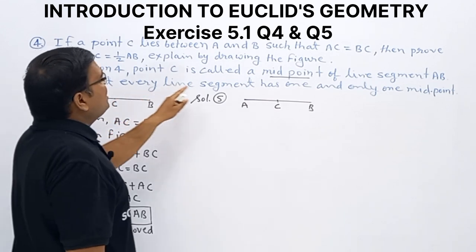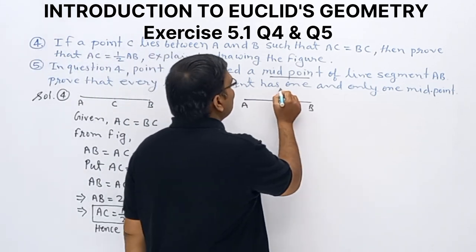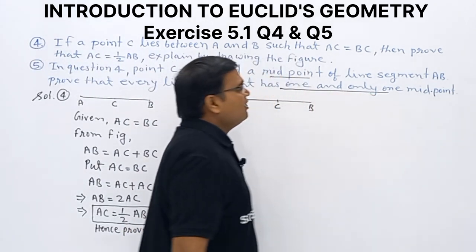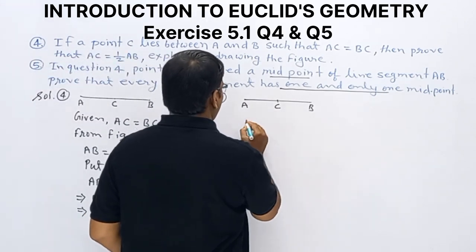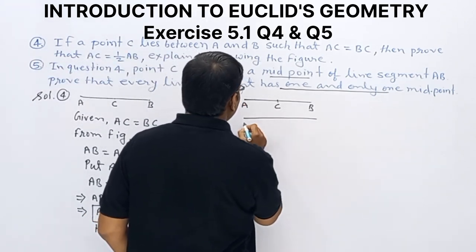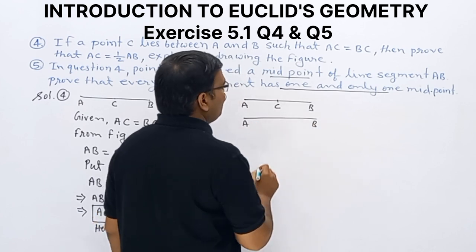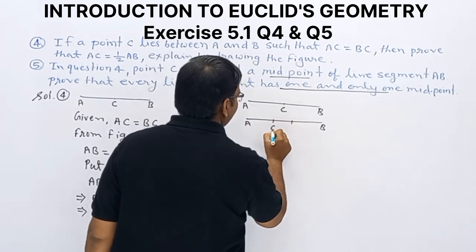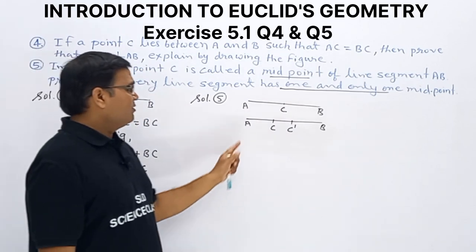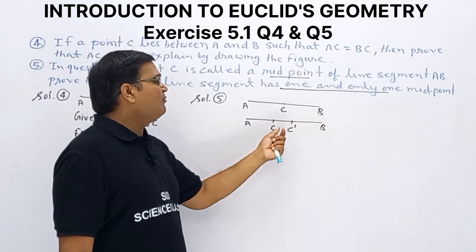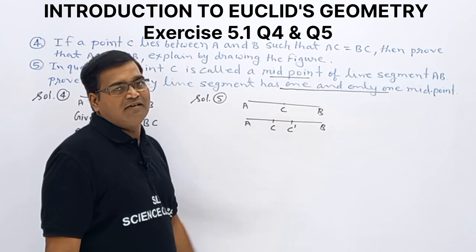Prove that every line segment has one and only one midpoint. So we are considering 2 midpoints. This is the line segment AB, and it has two midpoints, C and C dash.